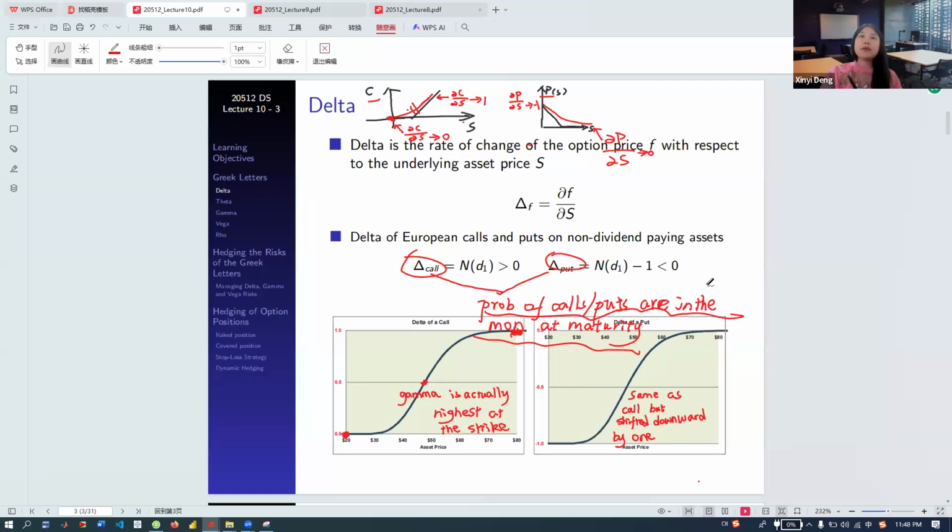Therefore that probability is supposed to be 0.5 at strike.